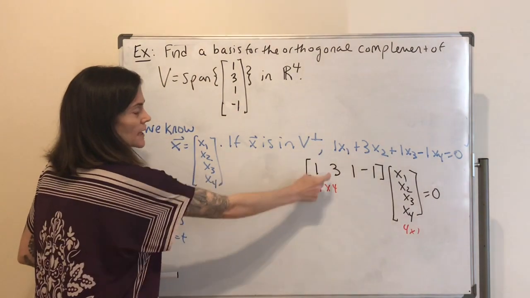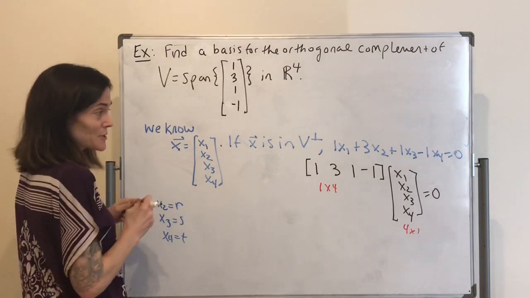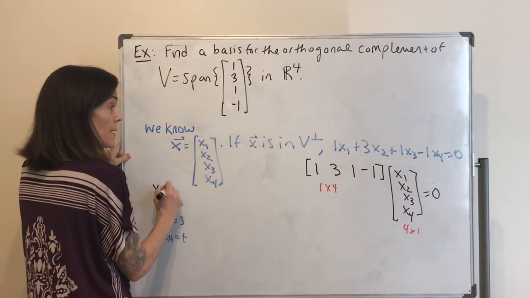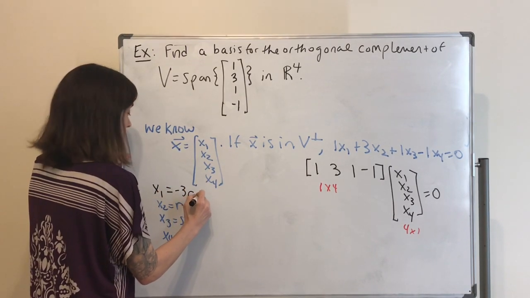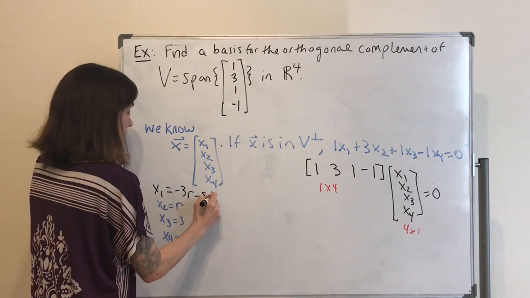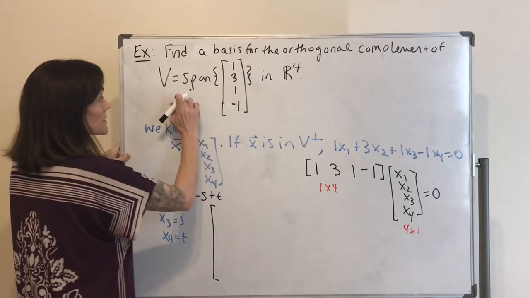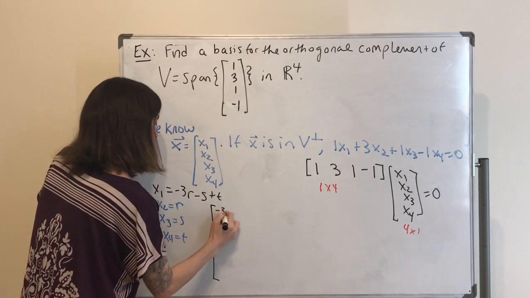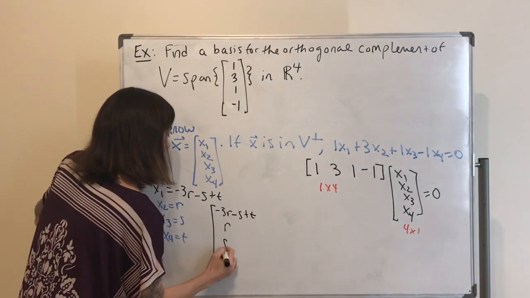I was just interpreting it in terms of a matrix product below. I would know that x1 better be minus 3r minus s plus t. So a general vector in VPerp is minus 3r minus s plus t, r, s, t.